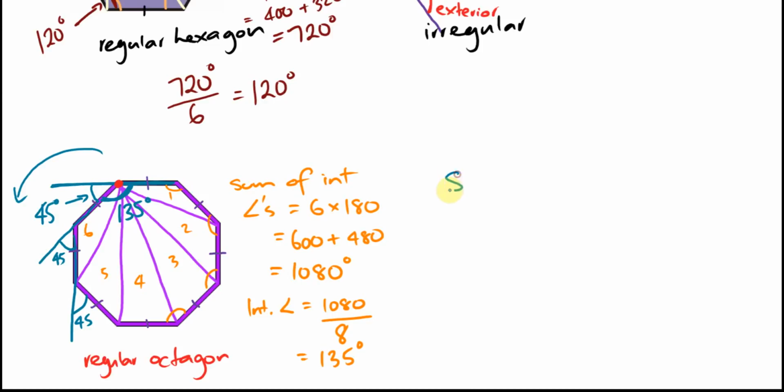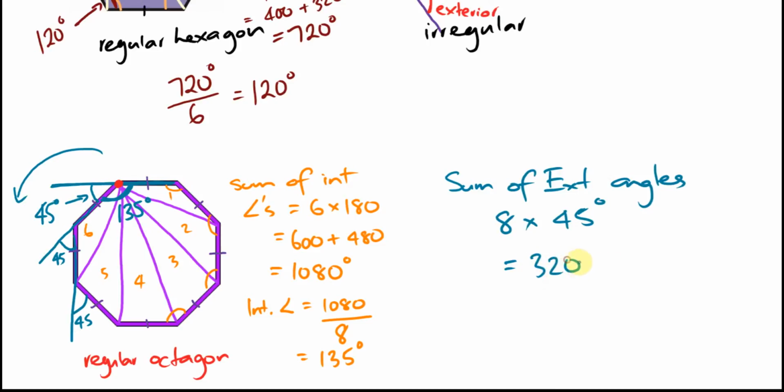So if we add up the sum of exterior angles, that would be 8 times 45 degrees, and that is equal to 8 times 40 is 320, plus 8 times 5 is 40, so that equals 360 degrees, which is interesting.